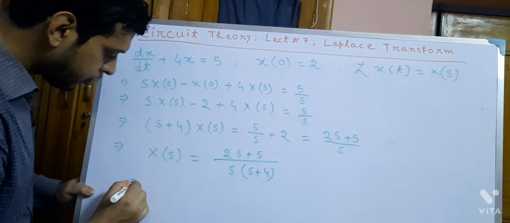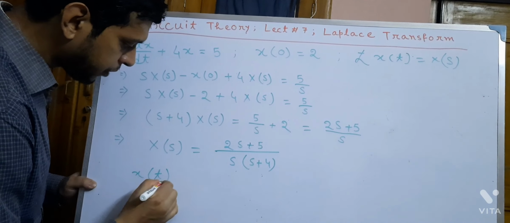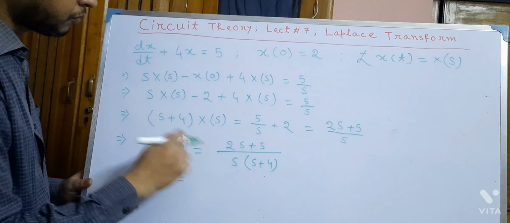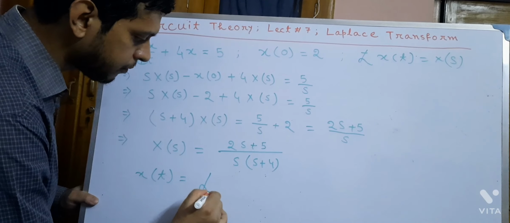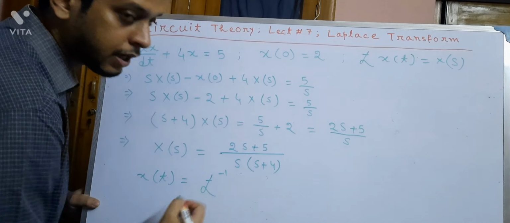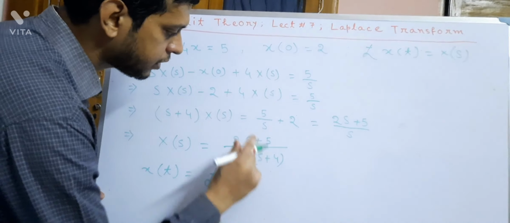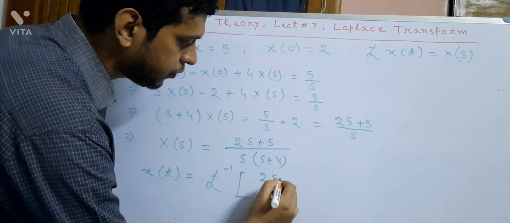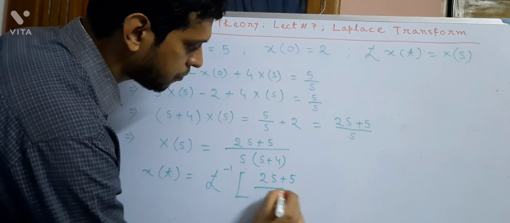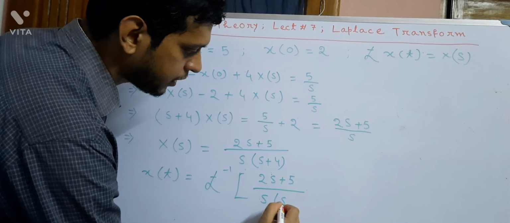Now we want to determine x(t) from this expression. So we have to take the inverse Laplace transform of (2s plus 5) by s(s plus 4).